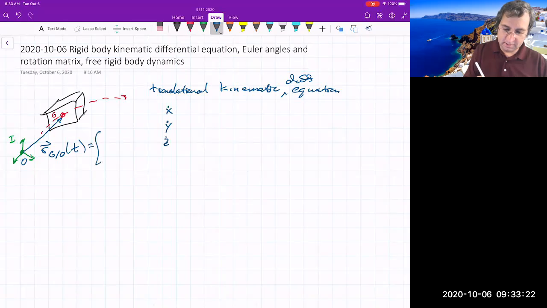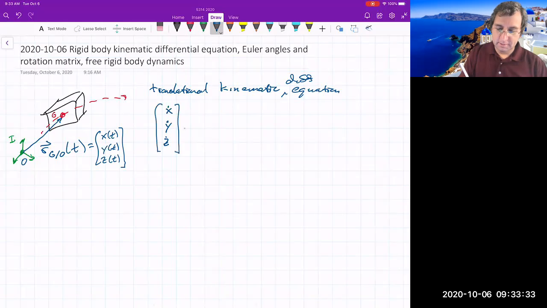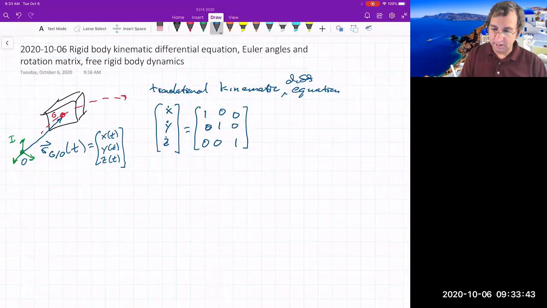This is x, y, z as a function of time. To get that from the dynamics, we could set up, well, it's kind of lame that I'm writing a matrix, but it's just to show you how different things are when we go to rigid body kinematics.